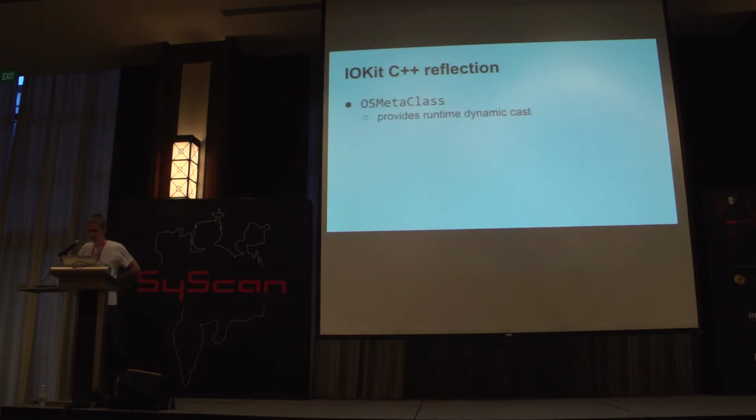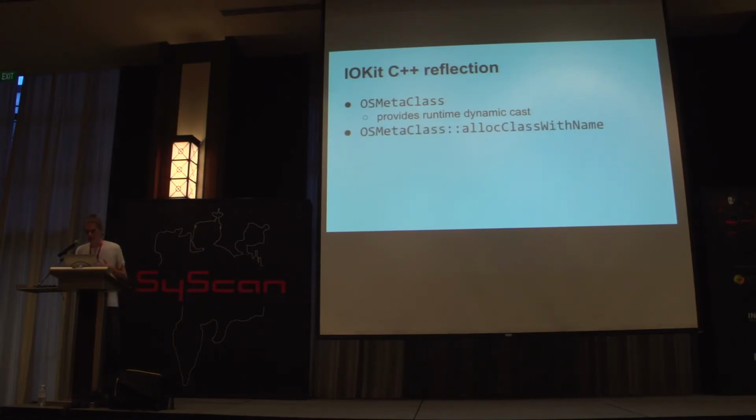So in IOKit, when you define any new type, there are a set of macros that you have to use. These macros are there to tell this IOKit subsystem called OSMetaClass, firstly, what your class is called, and secondly, how OSMetaClass can call the constructor of your type.